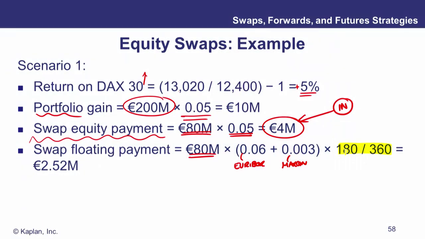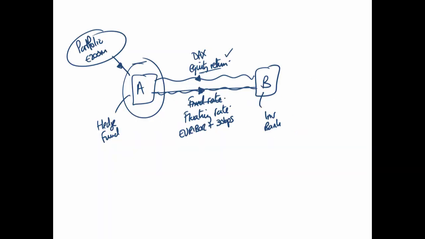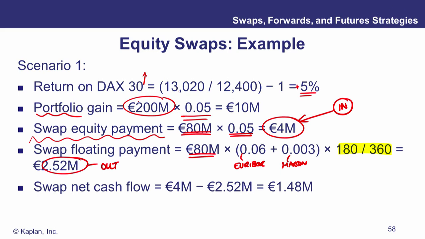So the swap floating payment here is 2.52 million, and that's going to be going out. So what we've done there is we've said 4 million is coming in, and 2.52 million is going out as far as A is concerned. Now the net payment is 4 minus 2.52, which is 1.48 million, and that's under the swap.